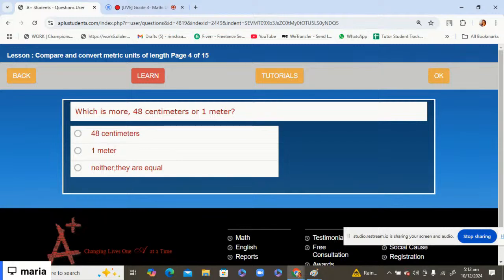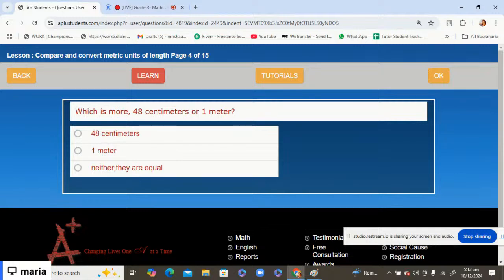So which is more, 48 centimeters or 1 meter? Now it tells us the difference between centimeter and meter, because I already wrote the units: millimeter is the smaller one, then centimeter, then meter, and then kilometer. So now you tell me, which one is more, centimeter or 1 meter?